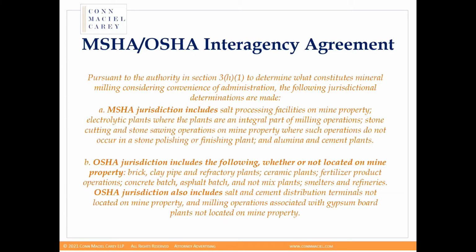You know, we also get more specifics when reading this document. It tells us not only the gray area and quoting the Mine Act, but it breaks down specifically what operations are under MSHA and what operations are under OSHA.